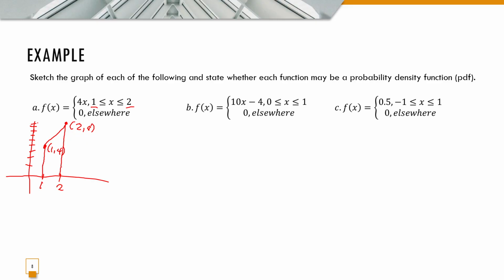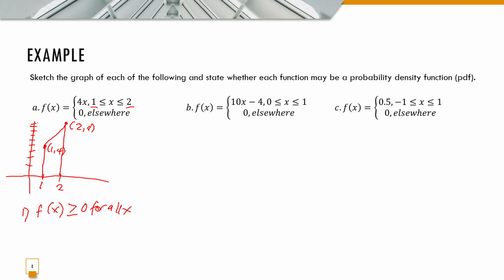The first thing that we're going to do is determine whether the function is a probability density function. For a function to be a PDF, it has to be positive or zero over the entire domain. So the first property: f of x is greater than or equal to 0 for all x.